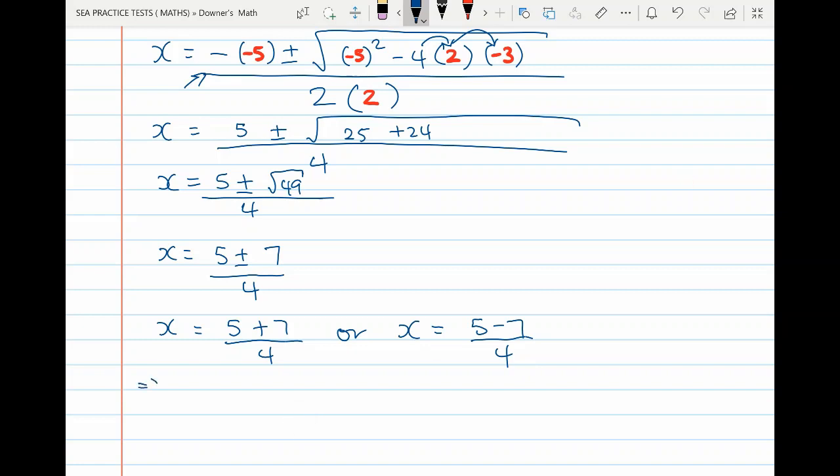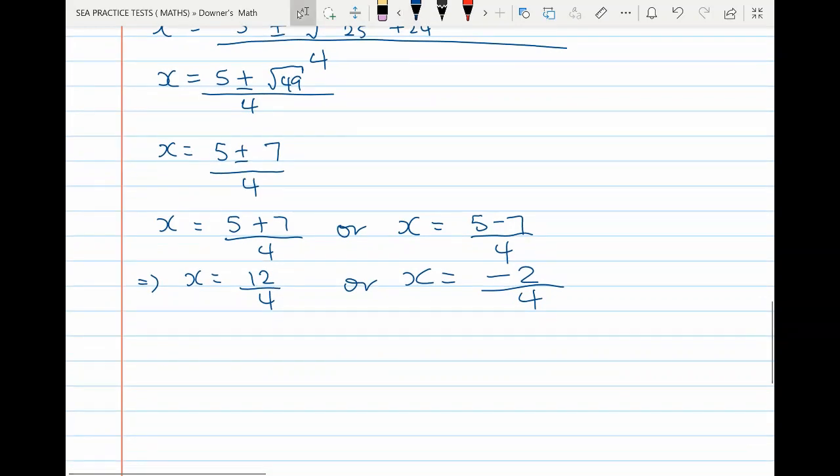So therefore this would imply that X can be 12 over 4, or X can be 5 take away 7, which is negative 2, over 4. So what does that mean?